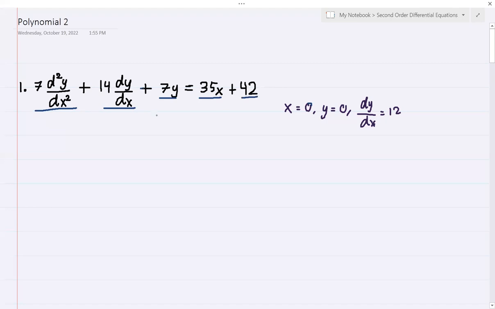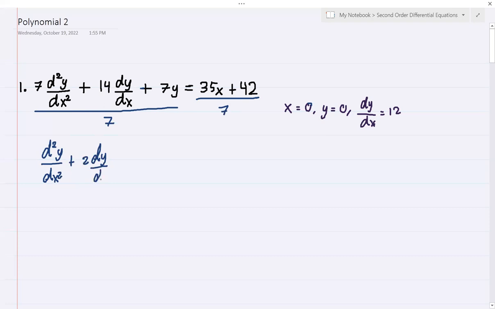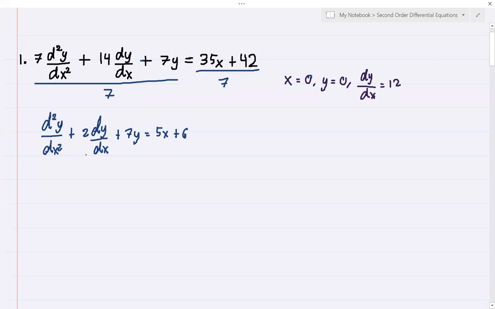So we can simply divide both sides by 7. We will have d squared y over dx squared plus 2 dy over dx plus 7y is equal to 5x plus 6. So this is your simplified equation.